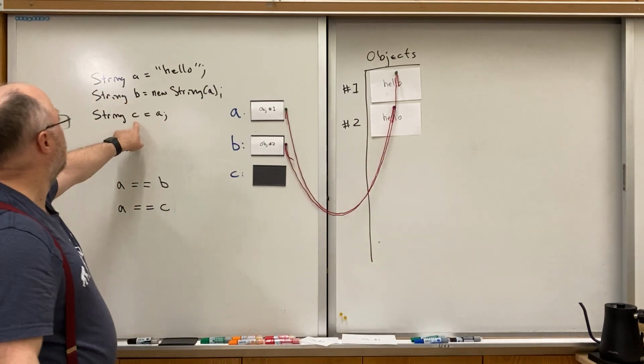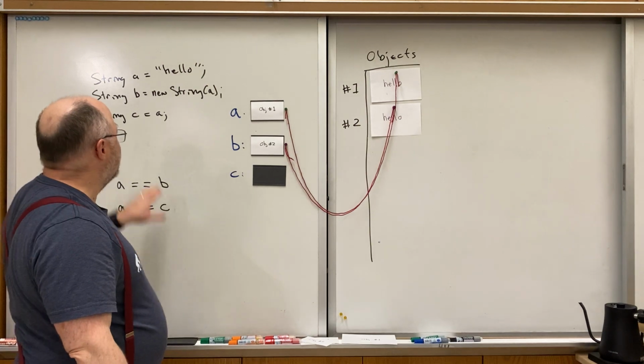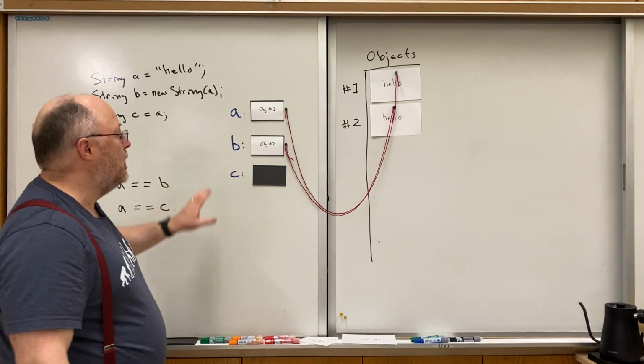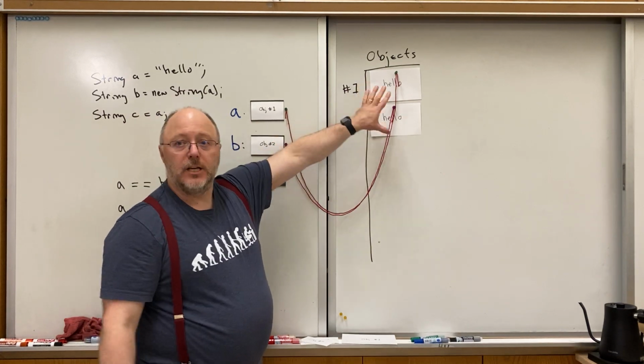And now finally, with string C equals A, the same thing happens. We don't need the yarn. We don't need to follow any of this yarn and look at these objects.